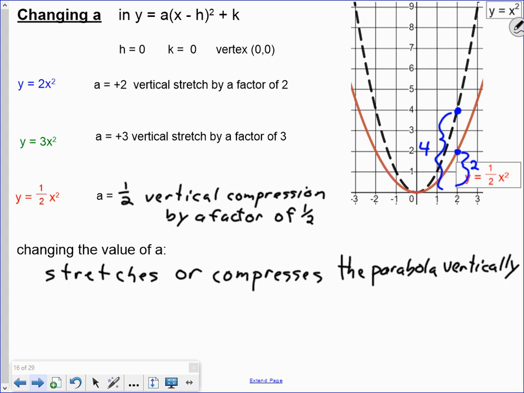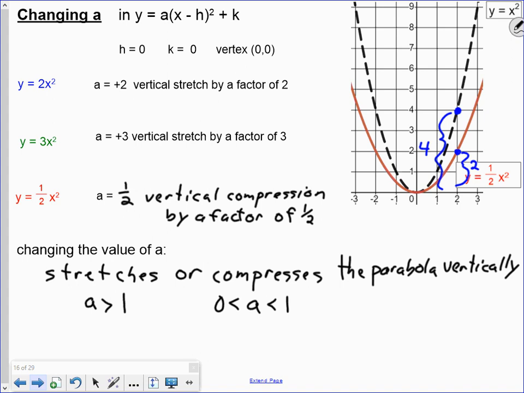Okay, so it's a stretch if a is greater than 1. It's a compression if a is less than 1, but greater than 0. Okay? It's a fraction, basically.